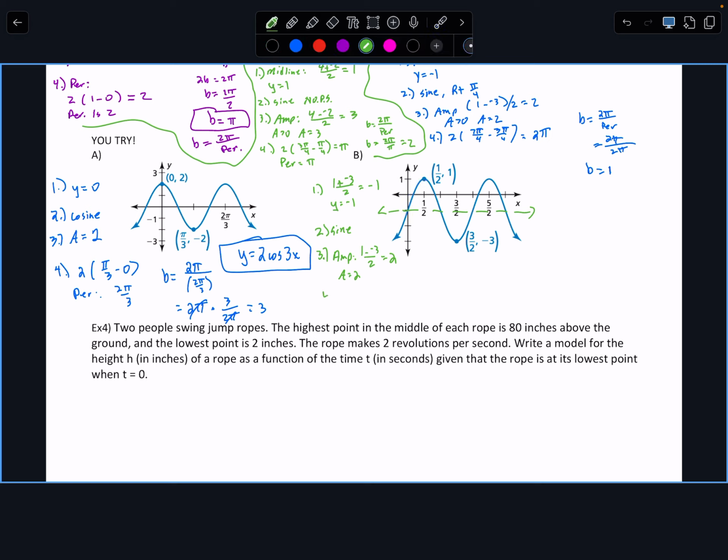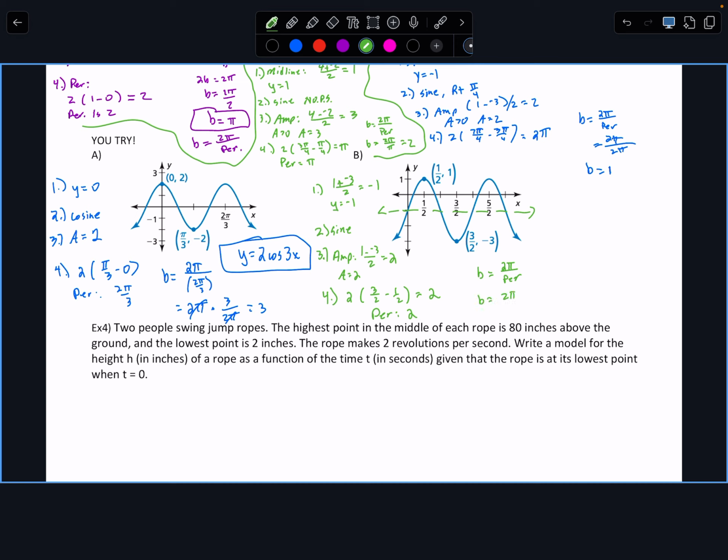And then the distance between the x values, doubled, is 2. So the period is 2. And so you find b by taking 2 pi divided by the value of the period.